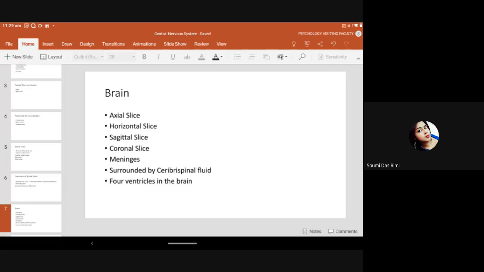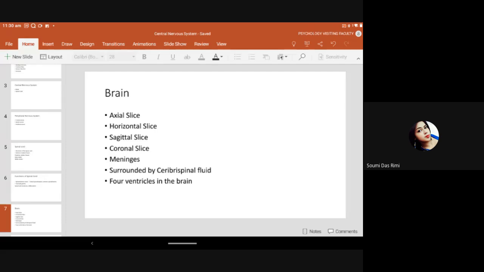Mainly the portions of the brain, if you see from this angle, are the frontal lobe, the limbic lobe, the parietal lobe, and the occipital lobe. Then, what are the organs present in this particular region?